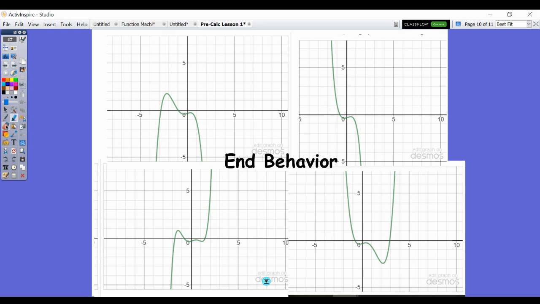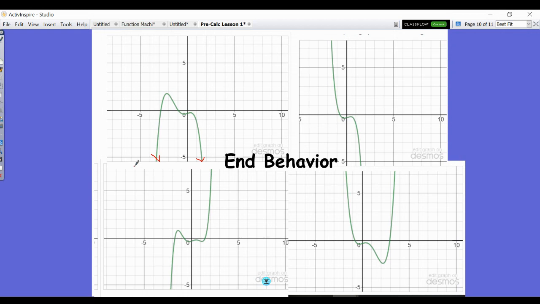If I were to draw some arrows, those are not the prettiest, but I can see that my arrows are both pointing down. Because they're pointing down, that tells me my end behavior is going to be the same. If it's going down, it's going to go to negative infinity.